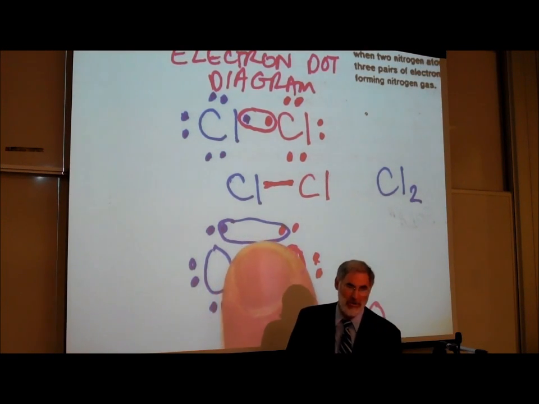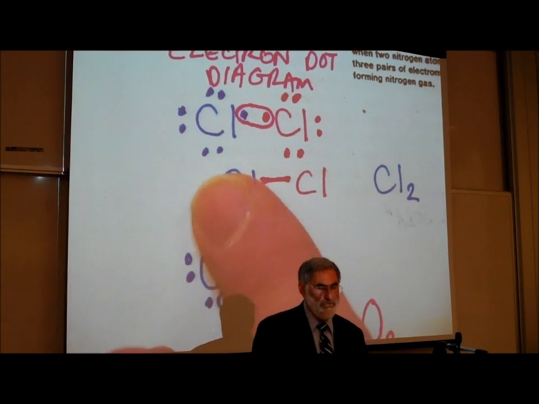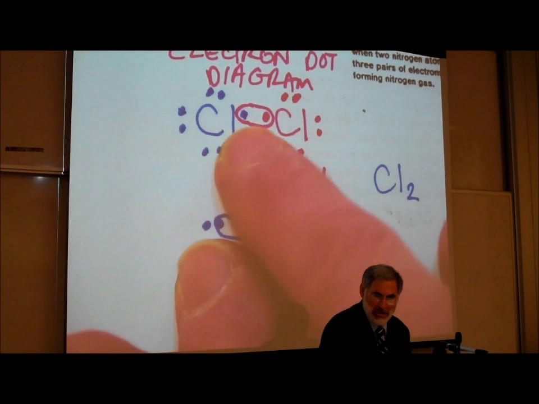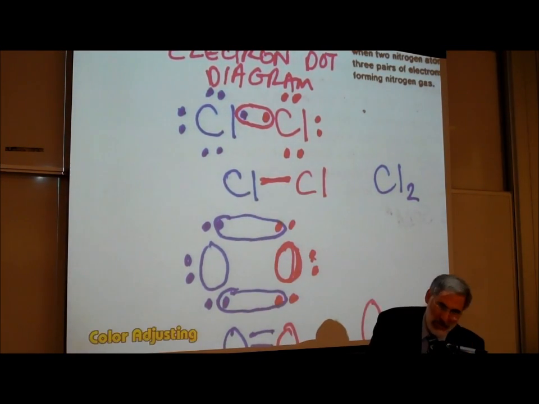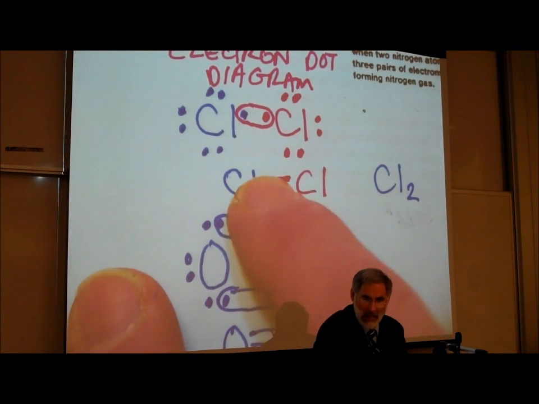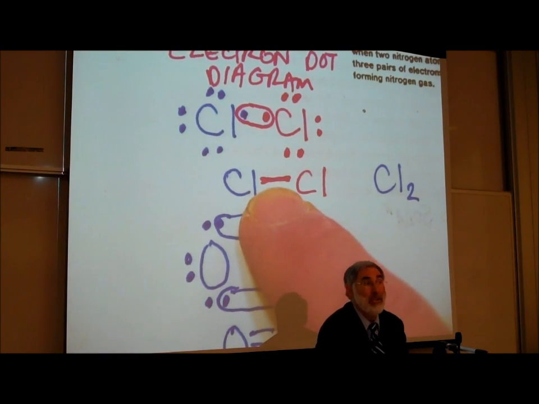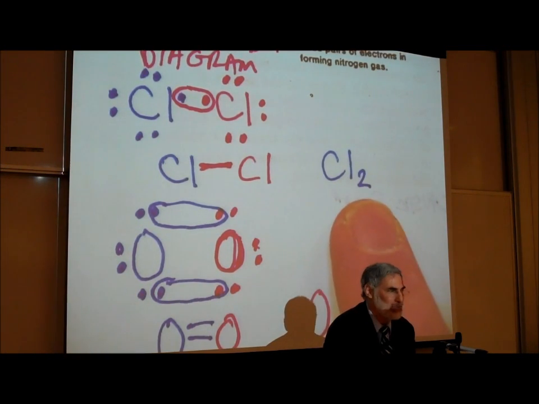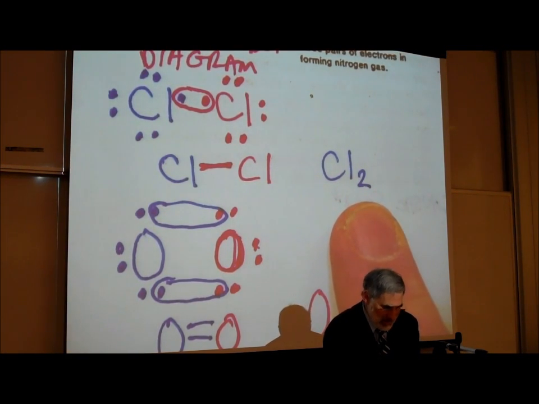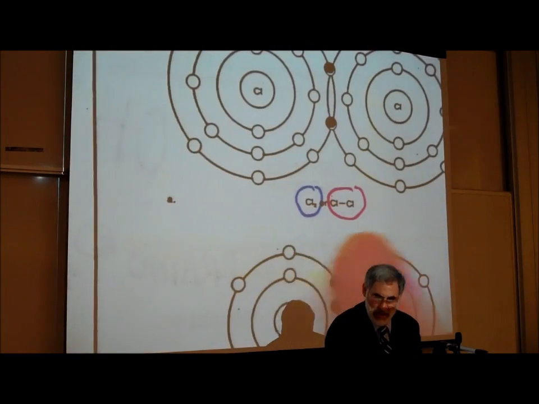So that's called sharing. Now, there is a common way of representing this sharing, each one sharing one of its electrons with the other. We draw a line between the 2 Cls, and that line represents that they're each sharing 1 electron with the other. We could also write this as just Cl2, 2 chlorines together. Incidentally, this is actually written right here.